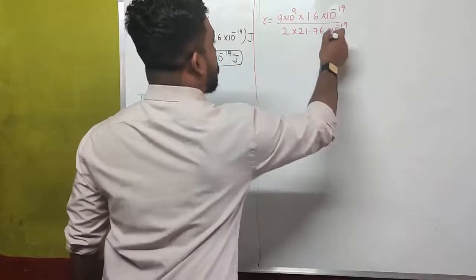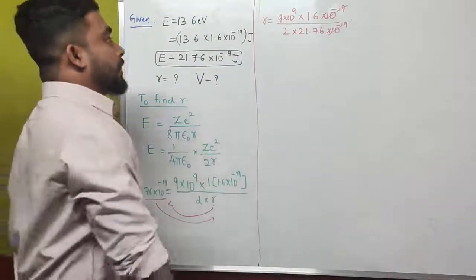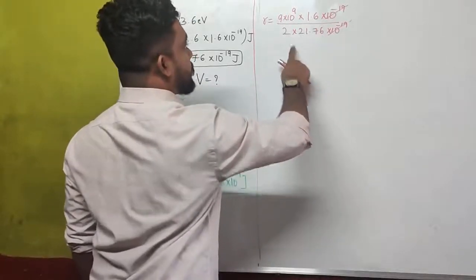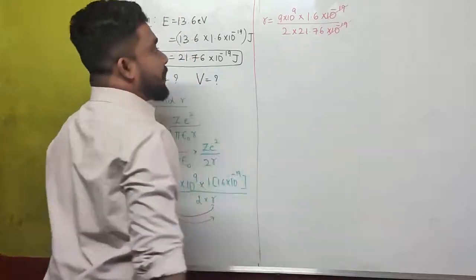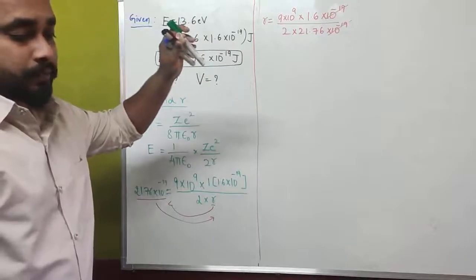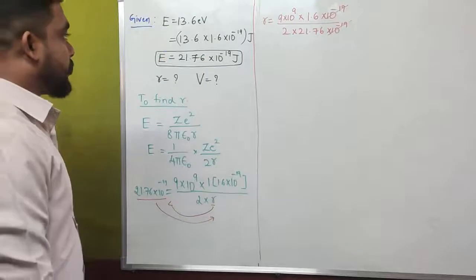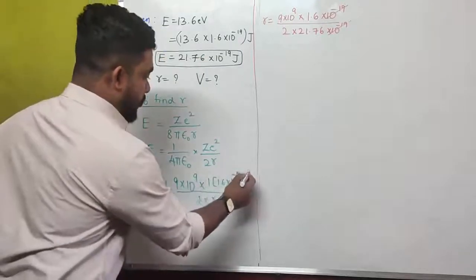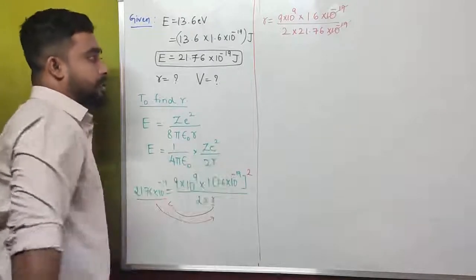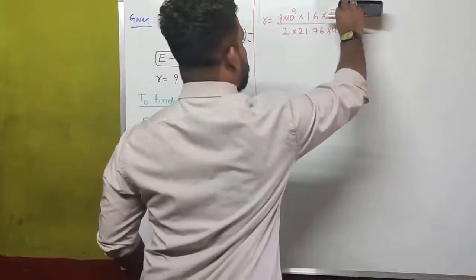Here 10 to the power of minus 19 gets cancelled, and the only remaining thing is 9 into 10 to the power of 9 into 1.6 divided by 2 into 21.76. If we calculate all these things, sorry, here I have made some mistake. This is 1.6 into 10 to the power of minus 19 whole square, because we have e square here. That means this is not 1.6.